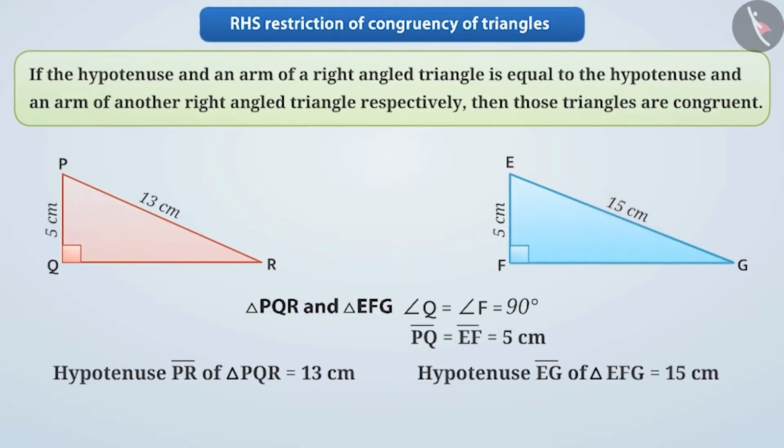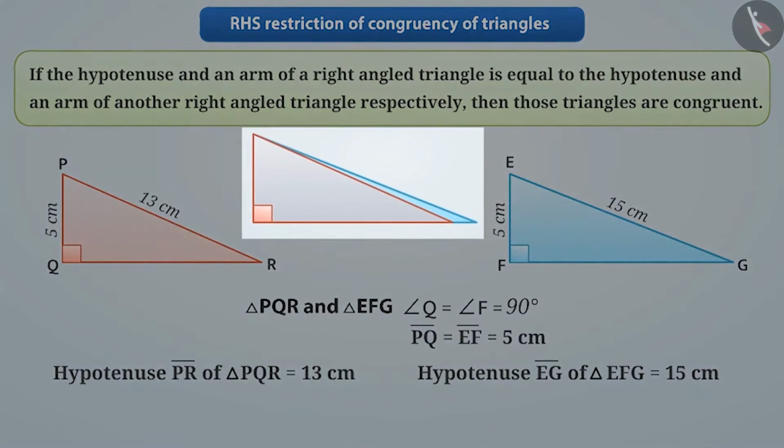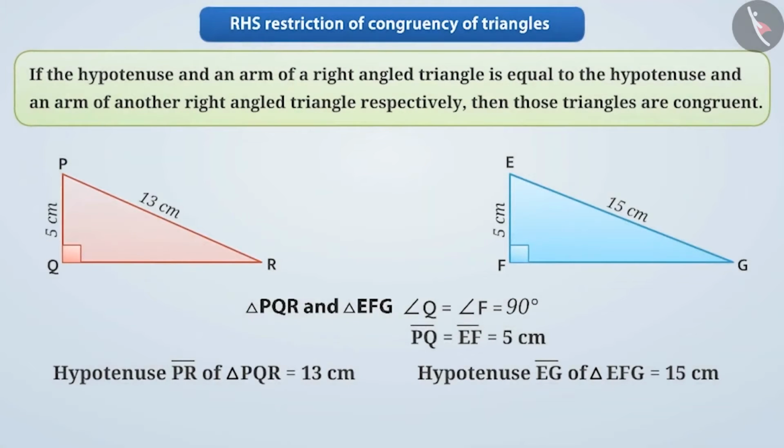If one of these triangles is placed on the other, then we will see that one triangle cannot completely cover the other triangle. That is, the size and shape of these two are not equal. Therefore, in this case, triangle PQR and triangle EFG are not congruent.